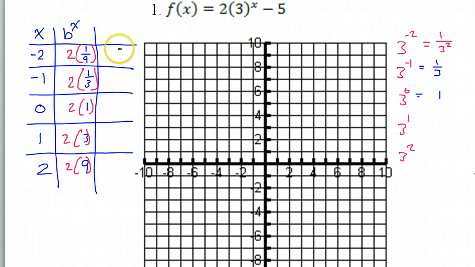So that's just going to give me 2 over 9, and 2 over 3, and 2, and 6, and 18. Alright, and this is a times b to the x power that we just did. So that's the third column that I was talking about.